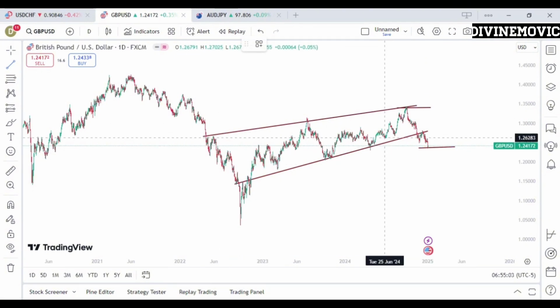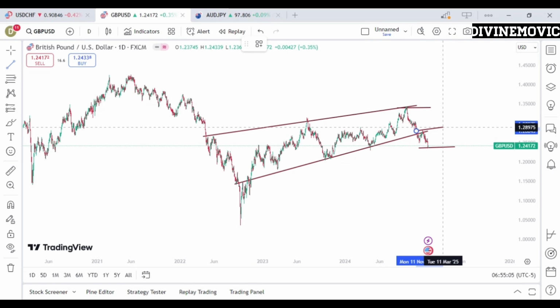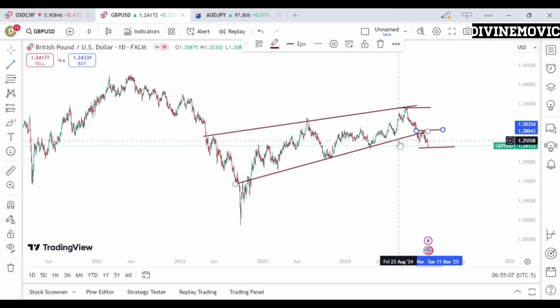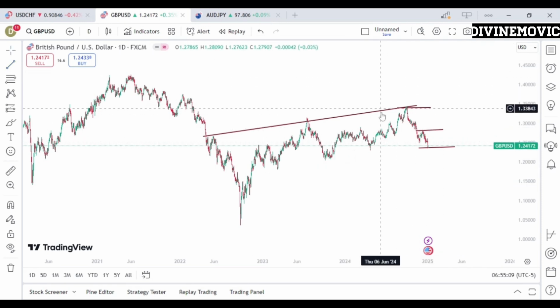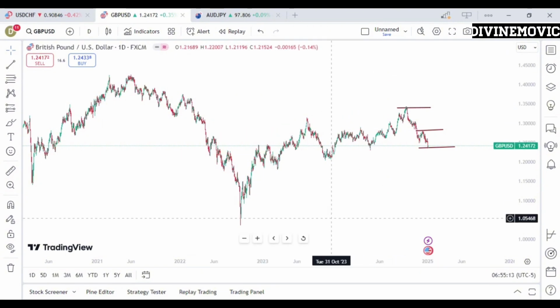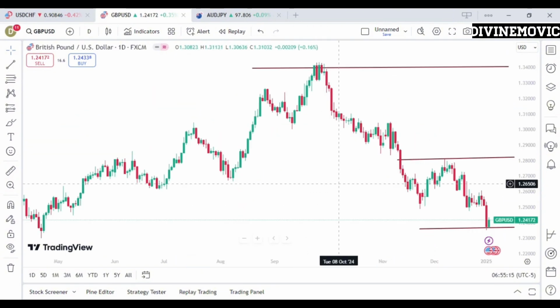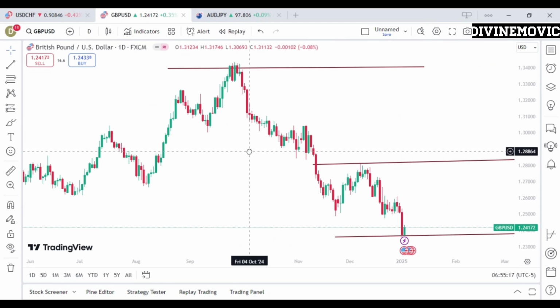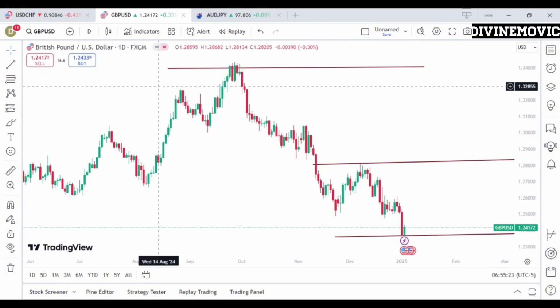And here is also a key level. Now in this particular pair, we're able to identify 3 key levels. And having identified these key levels, we're going to go to the second step, which is to go to the 4 hours time frame and identify market structure and supply or demand zones on the 4 hours time frame.